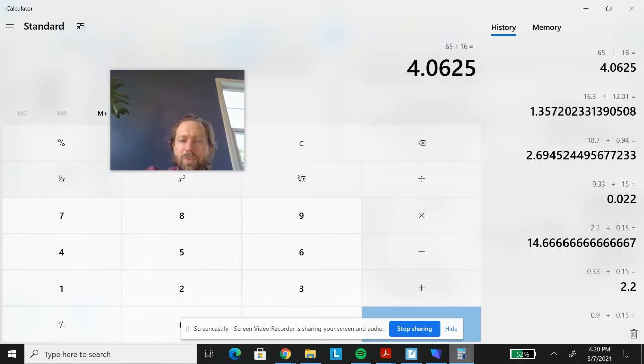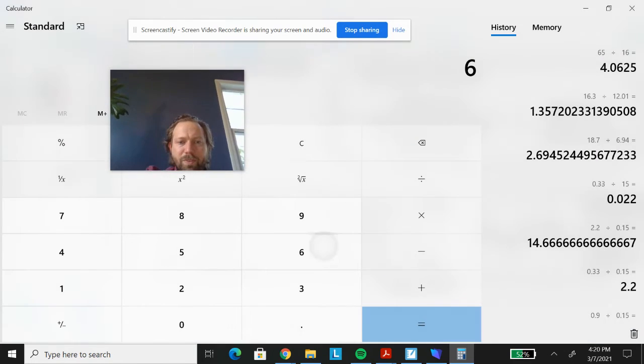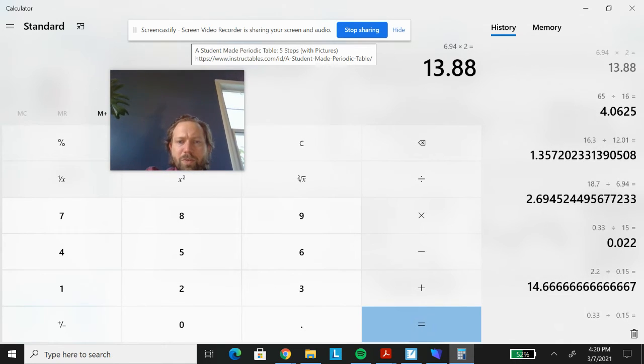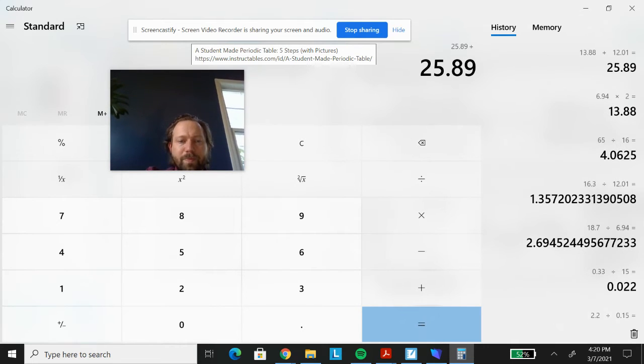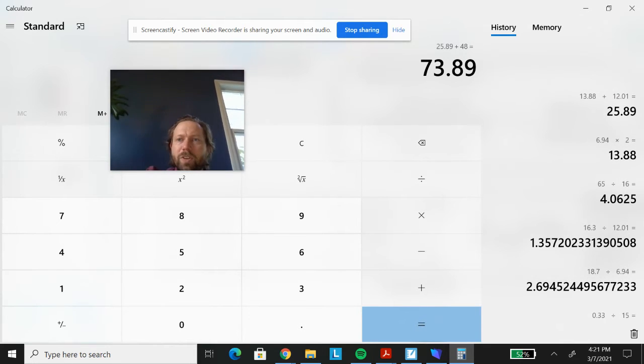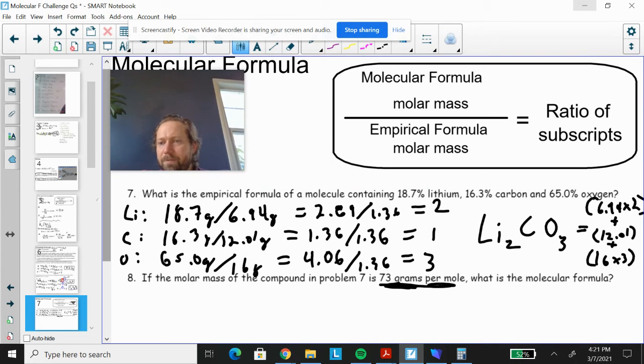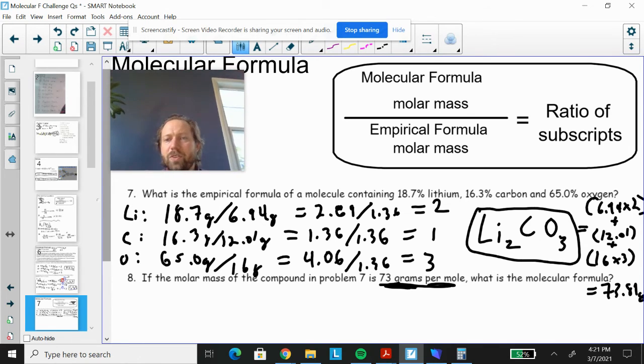Together that equals 73.89. That's the empirical formula molar mass, the molar mass of this. So that goes here.